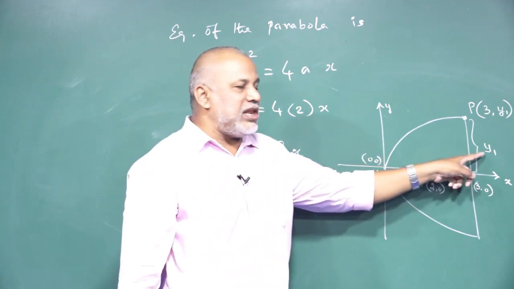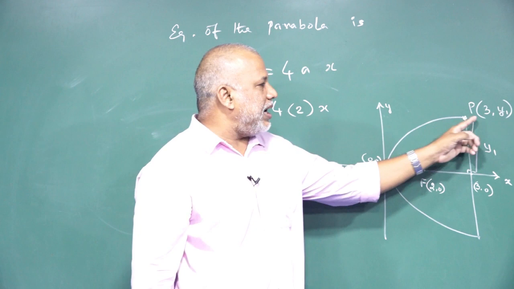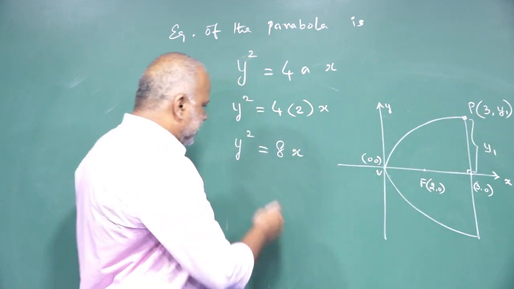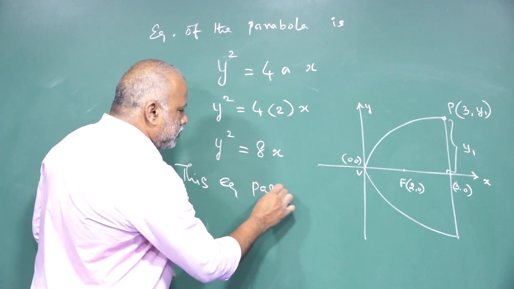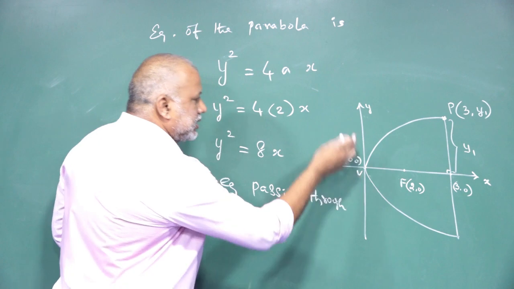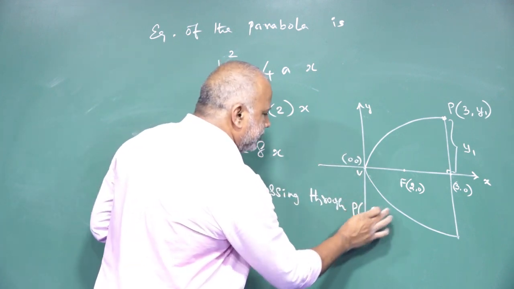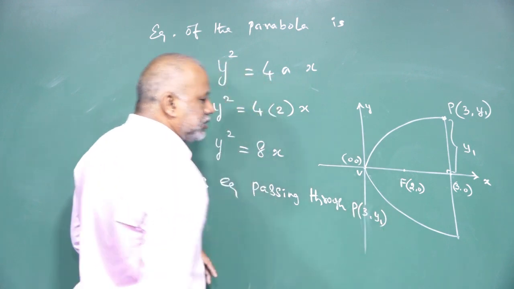Now I need to find the value of y1. Listen, this is the parabolic equation. It is passing through the point P (3, y1).